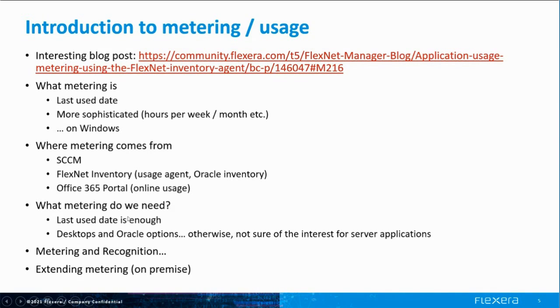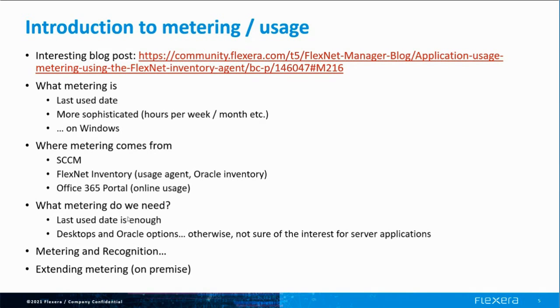So today's conversation will be very focused on on-prem desktop applications, online usage, which comes from the Office portal, a little bit of Oracle options, but I will be fast because that was really the coverage of my last presentation, everything about Oracle. And that will be the focus. We will see a little bit later that metering and recognition are related, but not so.